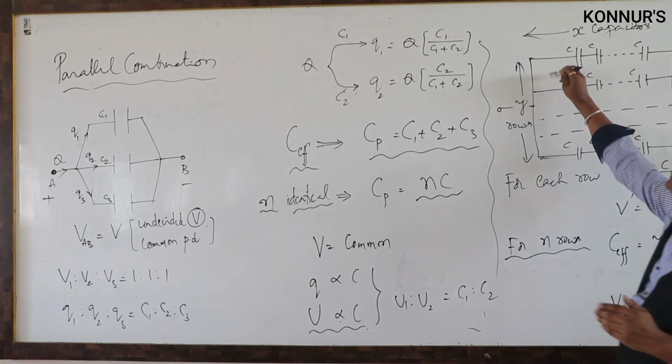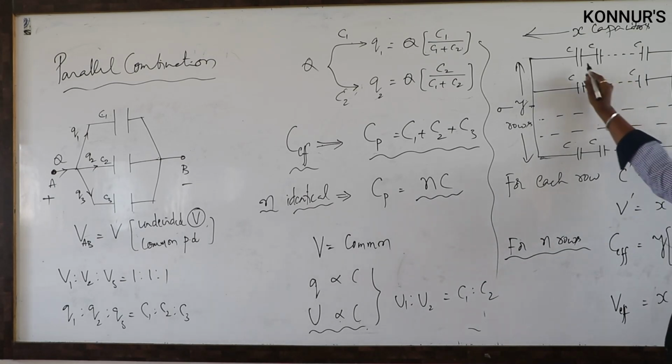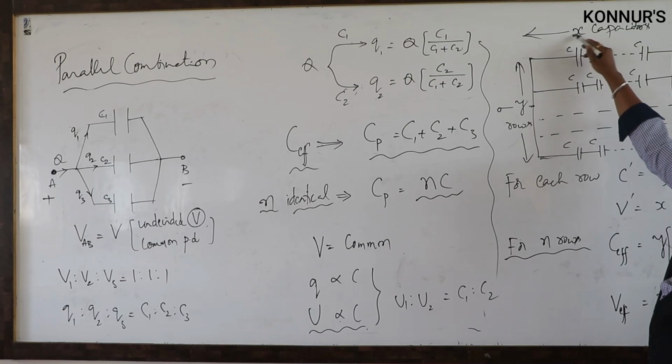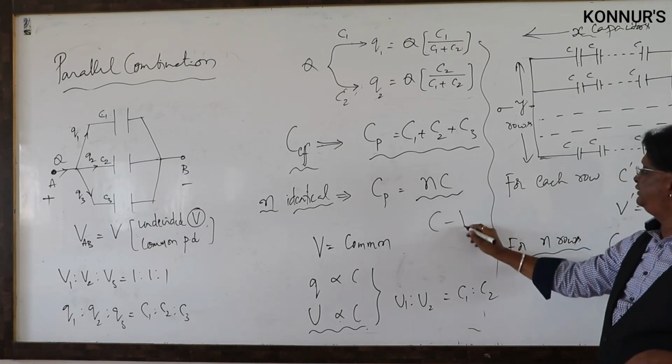Now please see this. Here I have shown one mixed combination, the case of all identical capacitors. See, this is a small network that I have shown. Here 1, 2, 3 like that, X capacitors, all of them with capacity C and voltage rating V. Do remember, I am writing C for capacity, V for voltage.